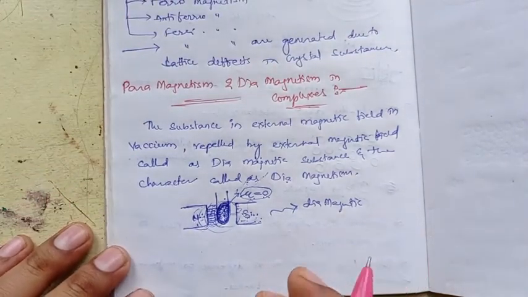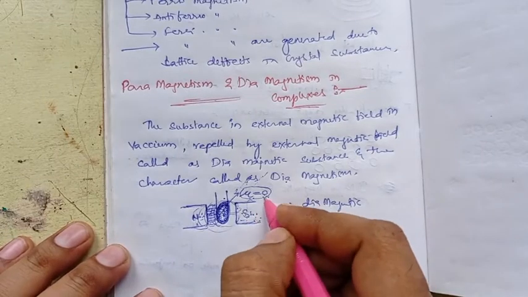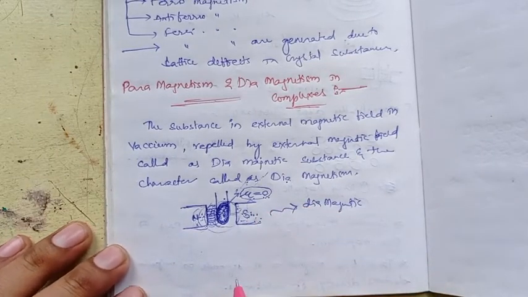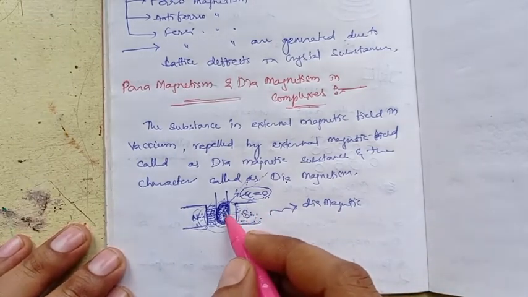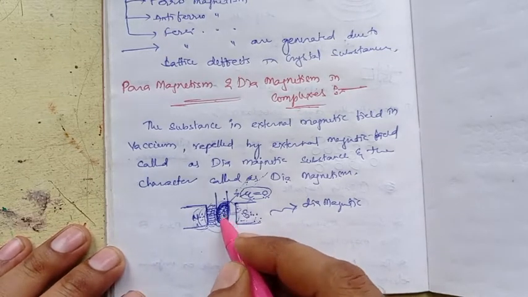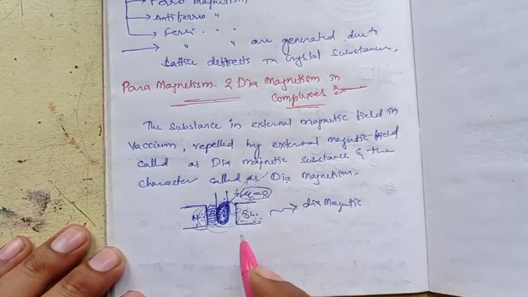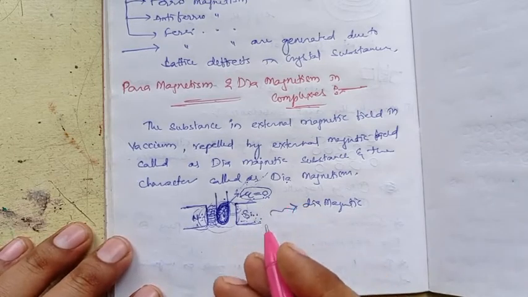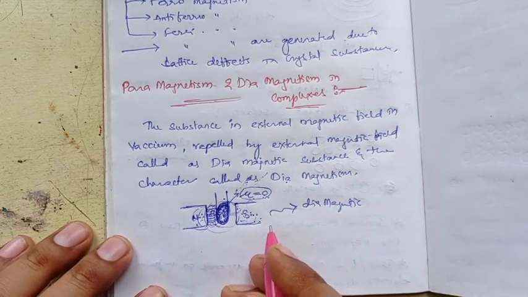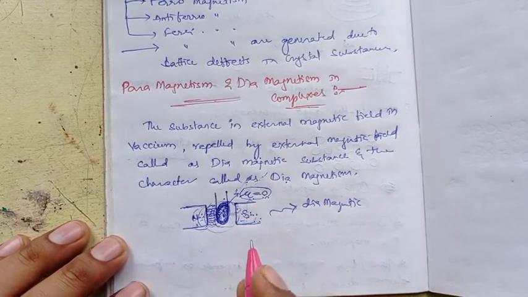Now you got why diamagnetic substances are repelled by the external magnetic field. Now let us know why diamagnetic substances have mu equal to 0.